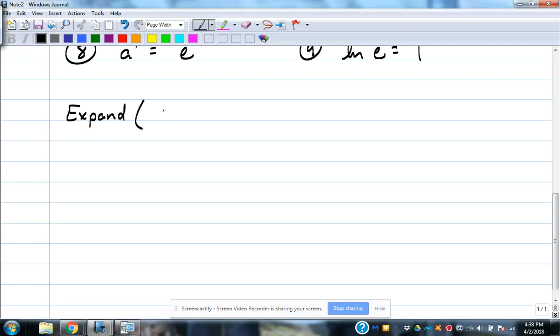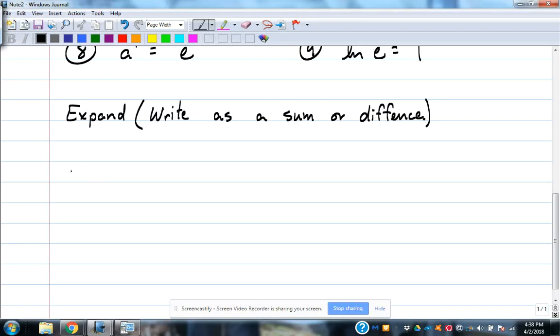The instructions you might also see would be write as a sum or difference. Those mean the same thing. I'll say expand because that's what you're doing. You're taking a single log and breaking it apart.